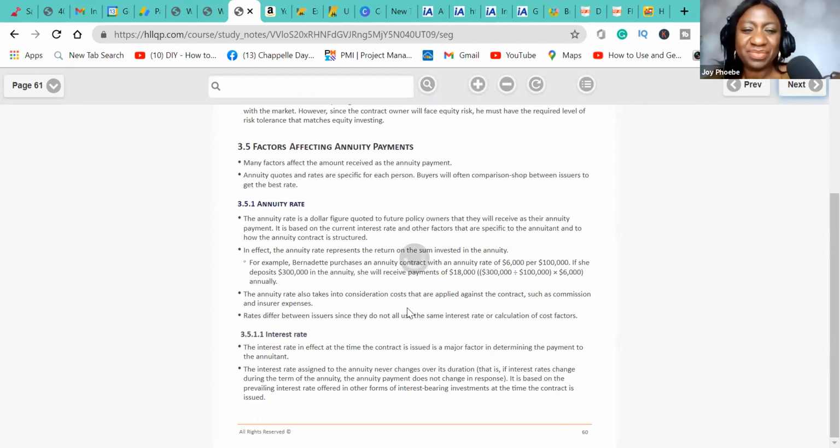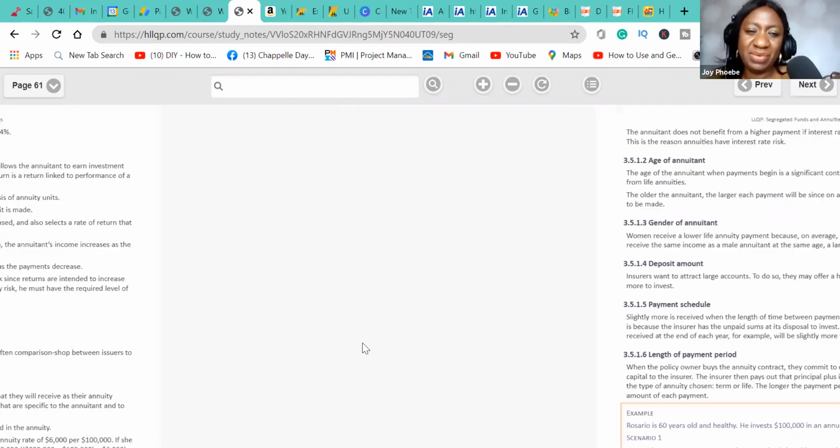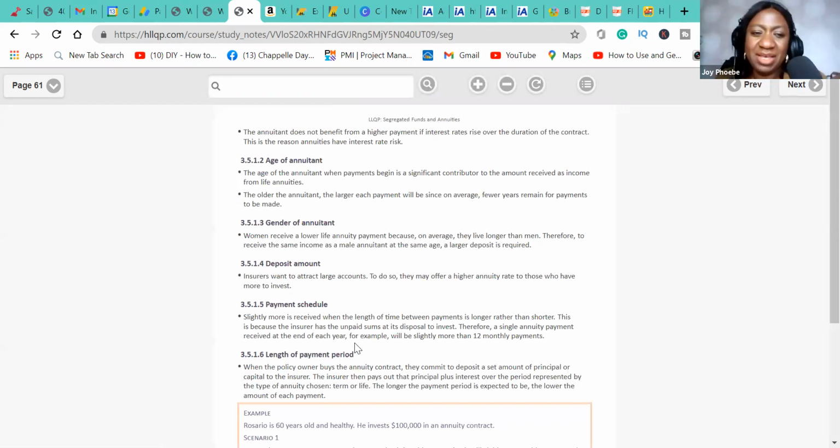All right, age of the annuitant. Just like every other insurance product, the age of the annuitant also plays a factor. The younger the annuitant, the contract holder, the lesser contribution you have to make. The age of the annuitant when payment begins is a significant contributor to the amount received as income.